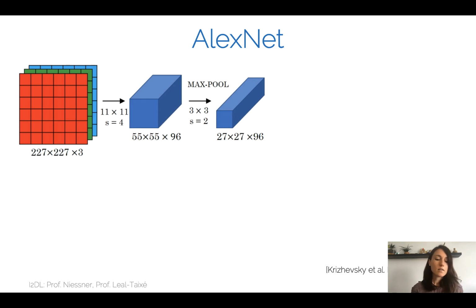And this is because AlexNet uses pretty large filters, 11 by 11 filters, which are also not so common right now. And it uses a stride of 4, which is also pretty aggressive. And again, this was just so that this whole architecture could fit into memory and you could actually train it. So nowadays, using a stride of 4 or such large filters is not really common practice.